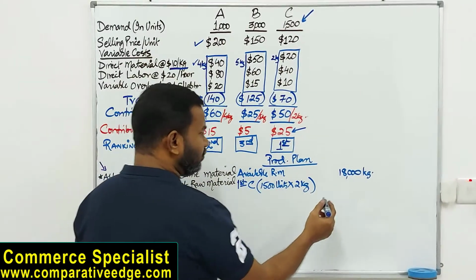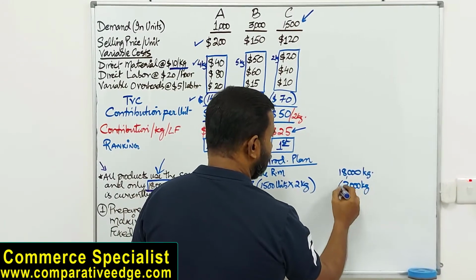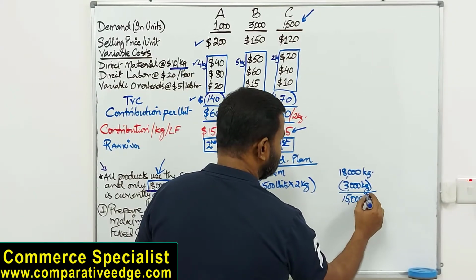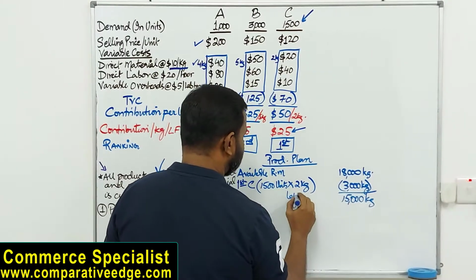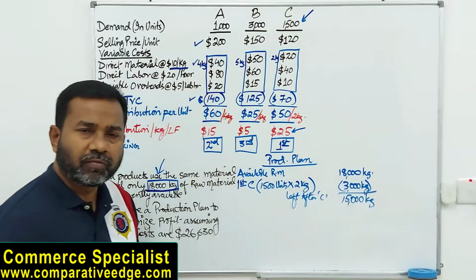So how many kilograms will be utilized? 3,000 kilograms. So you subtract, you get 15,000. This much is left after making C.